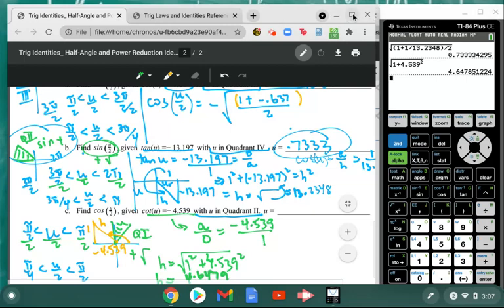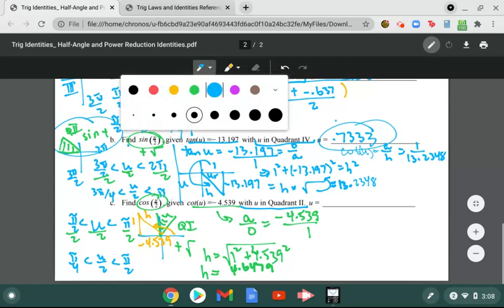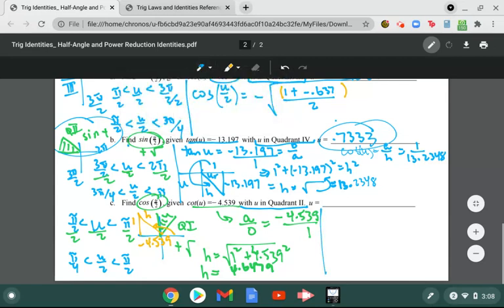Okay, now we can go ahead and do our cosine of a half angle. Back to my blue pen, try and keep things a little bit organized. So cosine of my half angle. This lives in quadrant 1, so I want the positive square root of 1 plus cosine of u, all over 2. Cosine, SOHCAHTOA, is going to be my adjacent side over my hypotenuse.